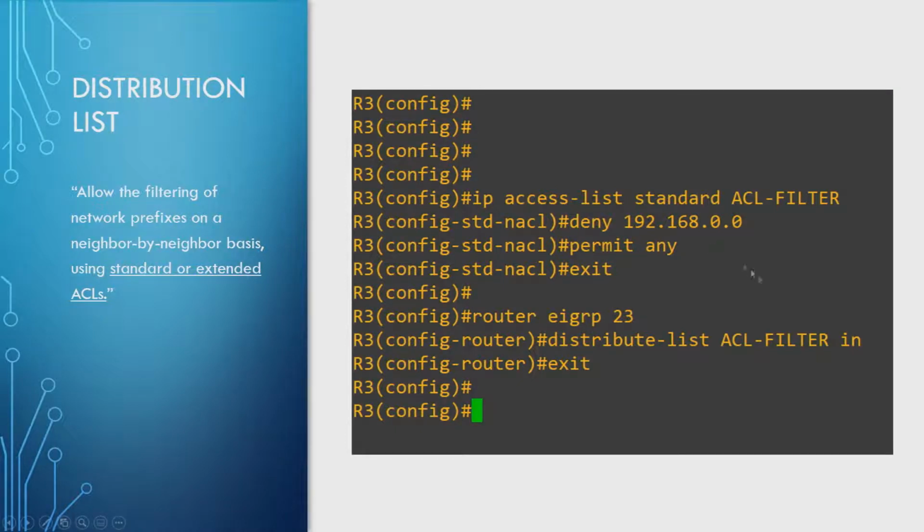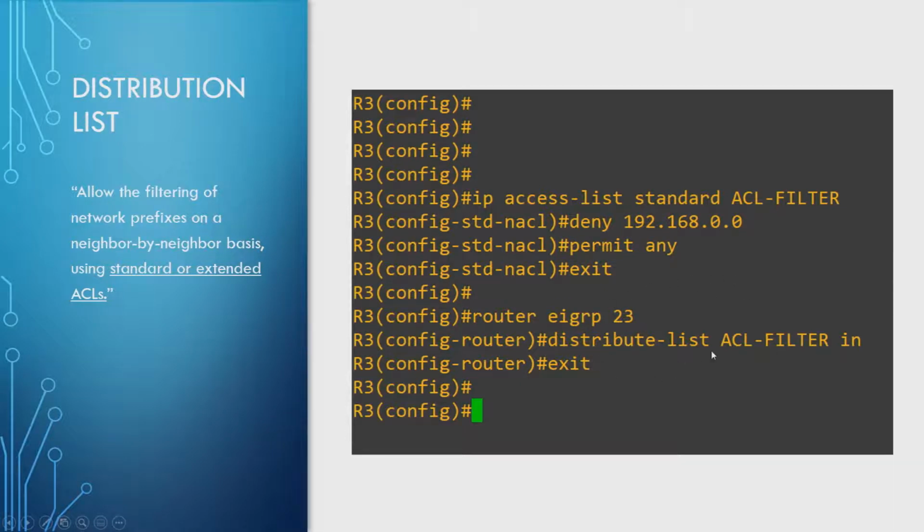So if then we look up at the ACL filter, it's an IP access list, a standard access list called ACL_FILTER, where we are denying that particular network, and then permit any after that because of the ACL's implicit deny at the end of an ACL. We have to override that with an explicit permit any. So what is happening here?